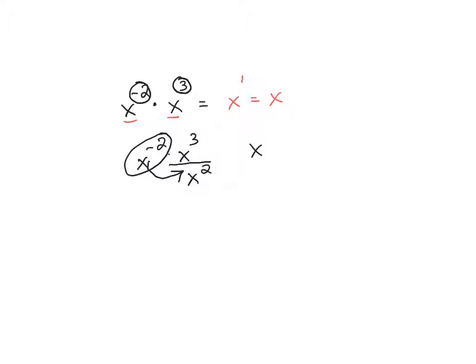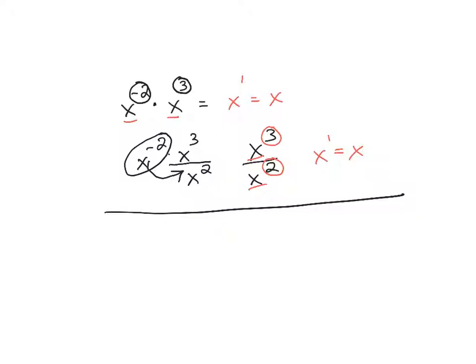So now what I have is x to the third over x squared, and now I could once again use another one of the rules that we talked about in the last section. Since I am dividing and I have the same base x, I can subtract my exponents. 3 minus 2 is equal to 1, so I get x to the first power, or x, which is the same thing.